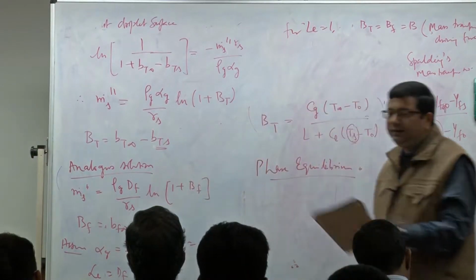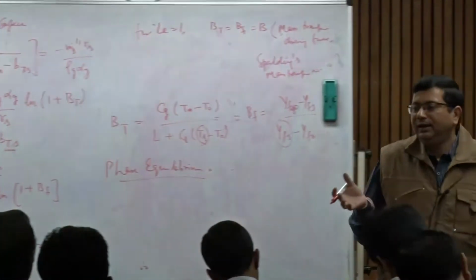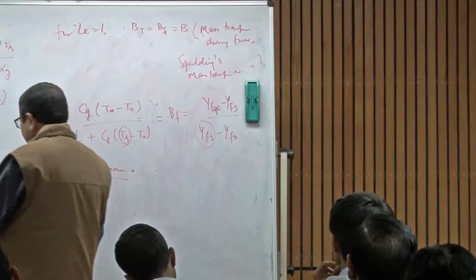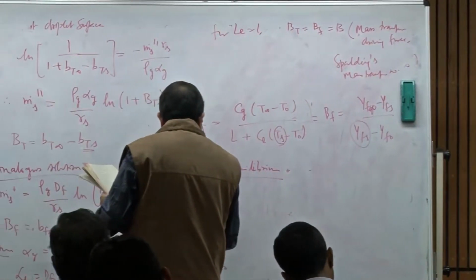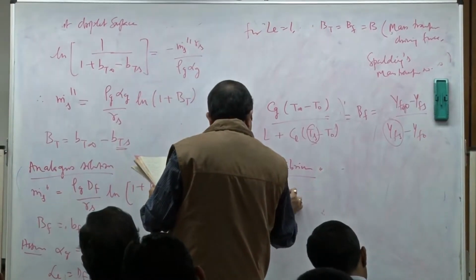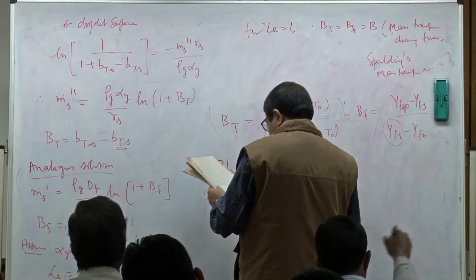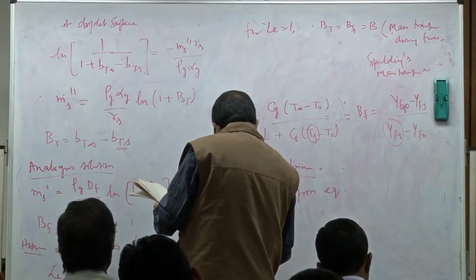What it says is that the liquid and vapor phases are at equilibrium. So, for that, we use the Clausius-Clapeyron equation.